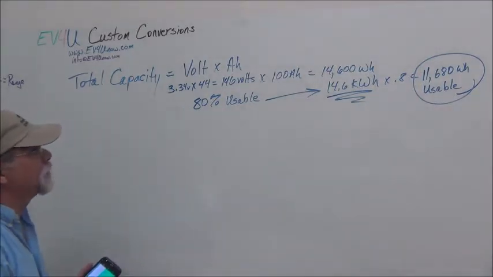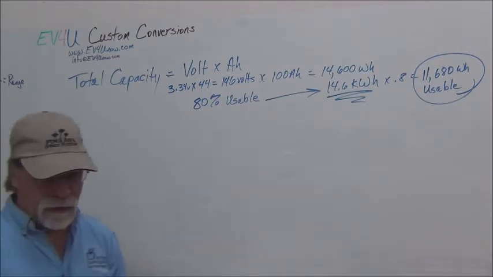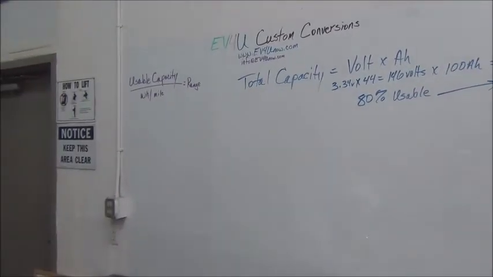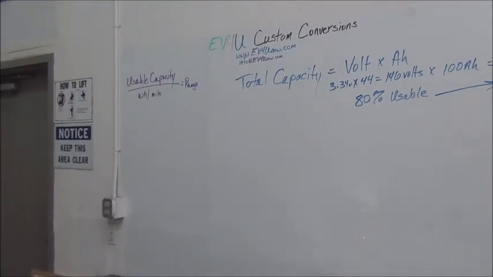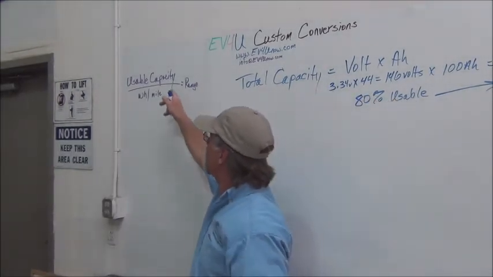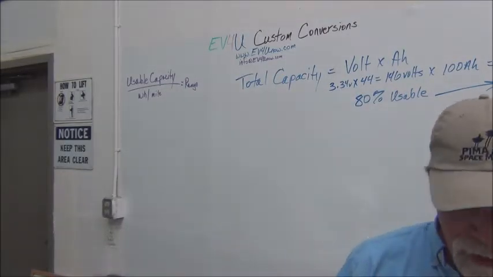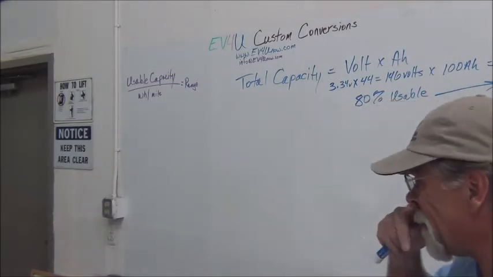So now, the next part in our formula was, remember, usable capacity over watt hours per mile. Now, how are we going to figure out watt hours per mile?